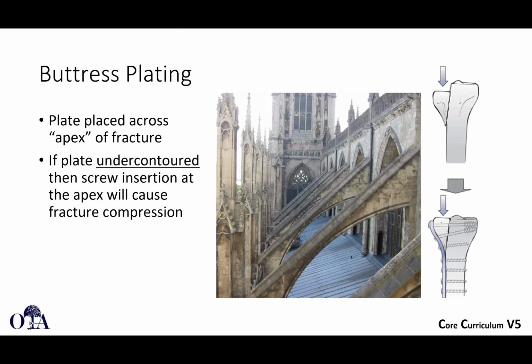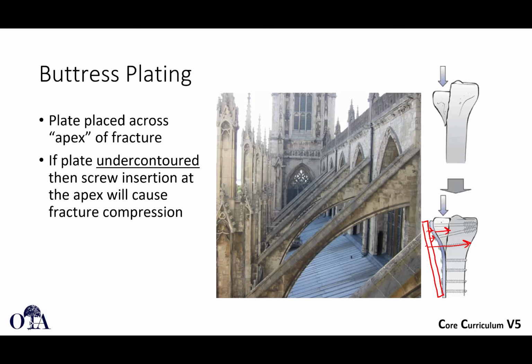But what you will see is that if you want to buttress this, you have a slightly under-contoured plate. So as an extreme example, let's say your plate was not contoured at all, right? And it's straight. Well, as you put this screw at the apex of the fracture, this is going to generate a lot of compression up against here, and that will cause this fragment to compress.